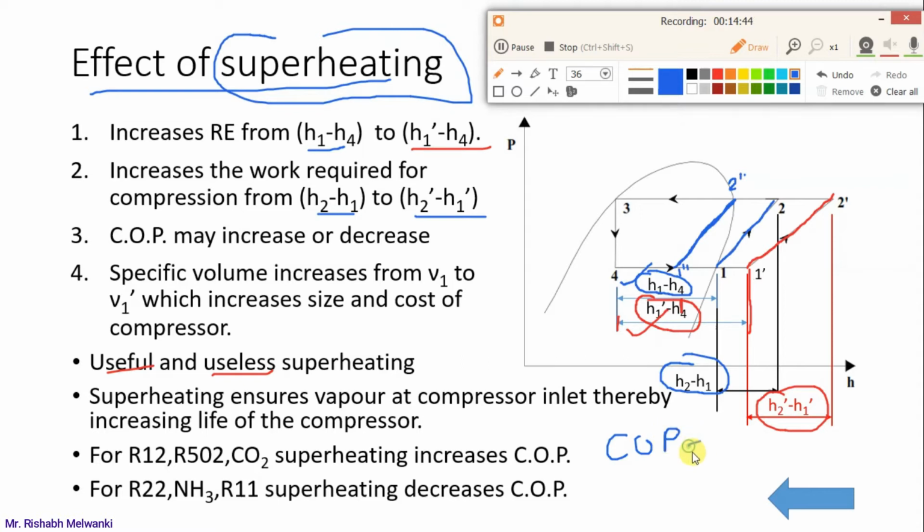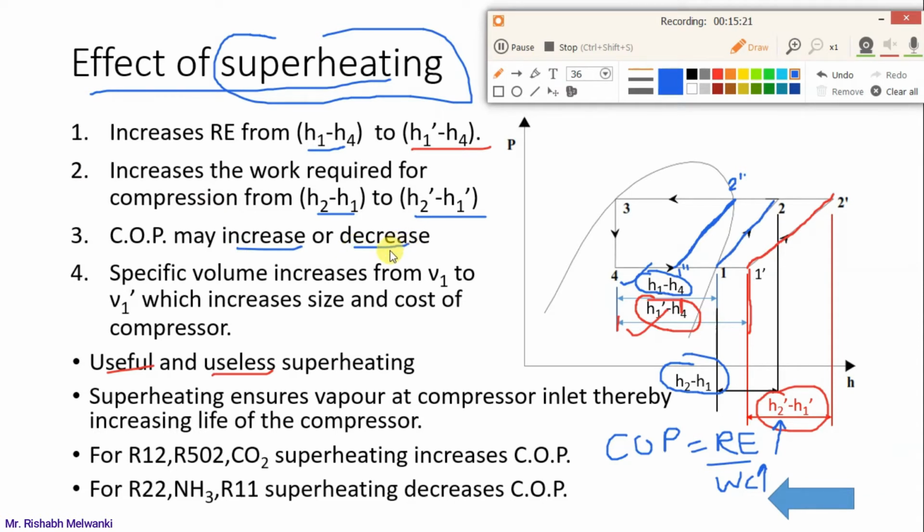COP is the refrigerating effect upon the work consumed by the compressor, or you can say the power consumed by the compressor. The issue is that the refrigerating effect is also increasing in case of superheating. We are not talking about wet compression right now, we are just talking about the process. Initially it was the 1 to 2 compression process, and because of superheating it is 1 dash to 2 dash. So because of superheating, the refrigerating effect is increasing and the compressor power consumption is also increasing. So now it depends, COP may increase or it may decrease.